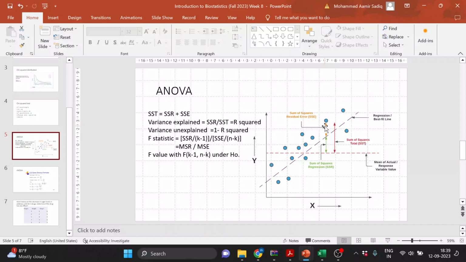So ANOVA, t-test, and all are known as parametric tests because you use theoretical distributions to compare. For example, in an ANOVA, you are using comparisons based on chi-square distributions and things like that. And chi-square distribution has a parameter k.